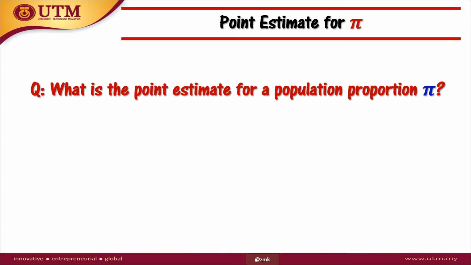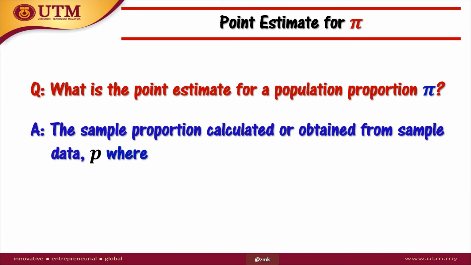Pi can also denote the proportion of failure depending on the question that we want to solve. The answer to this question is simply the sample proportion of success or failure that we can identify or recognize from sample information, or we can calculate from a set of sample data if its value is not given directly.